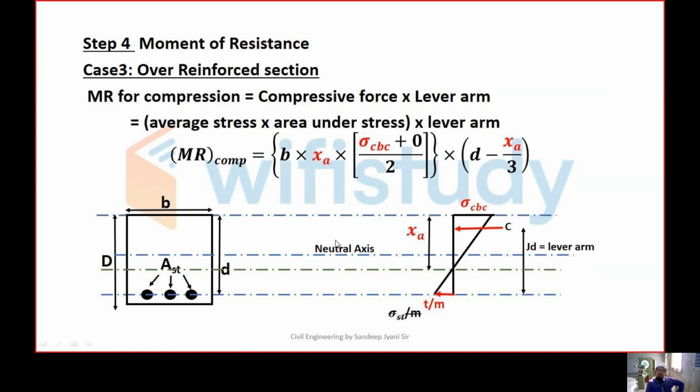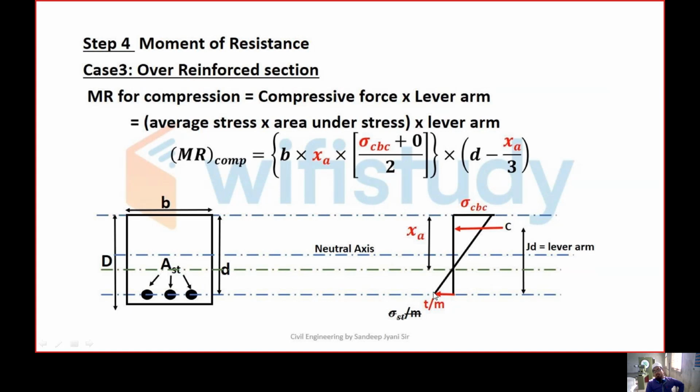The critical depth of neutral axis is denoted by xc, and the actual depth is denoted by xa. The maximum compressive stress is sigma cbc and the maximum tensile stress is sigma st by m.